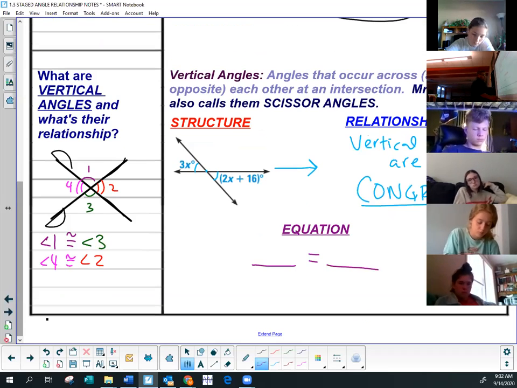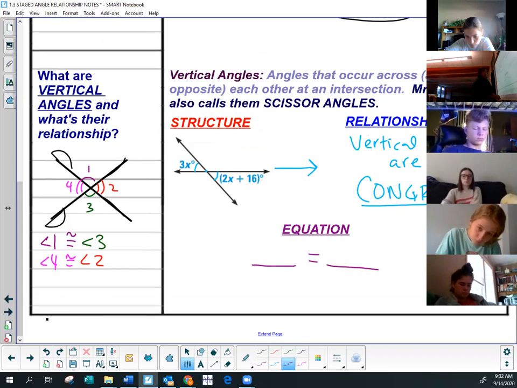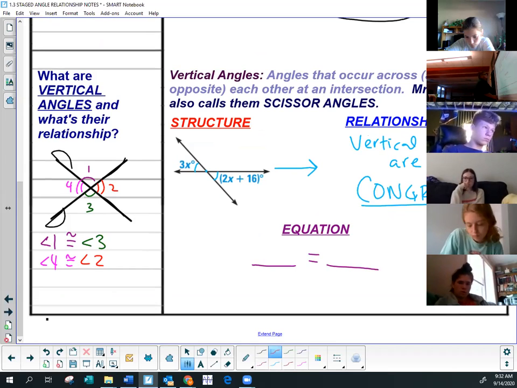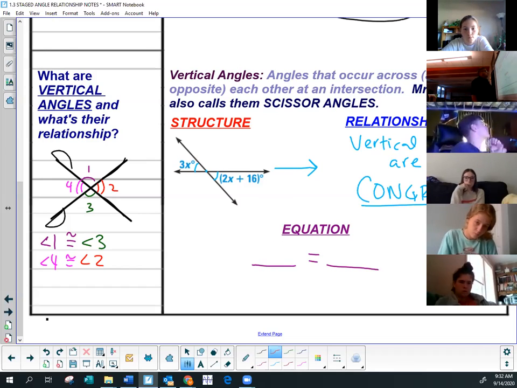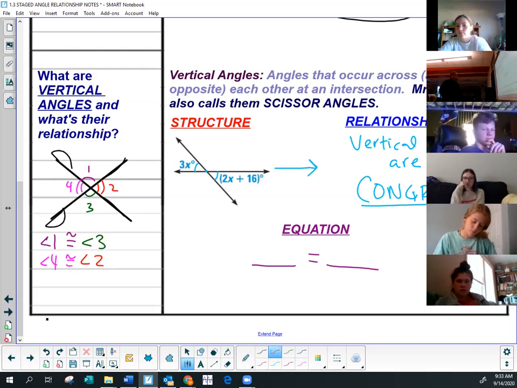In this particular case, what two things are equal? So for this example, what two things are equal? Please name them.